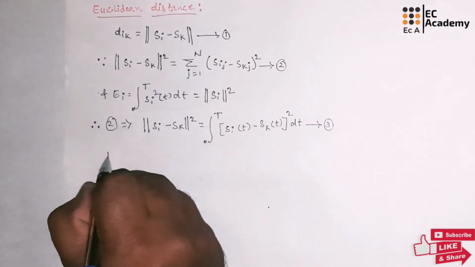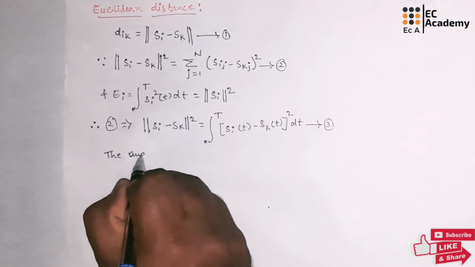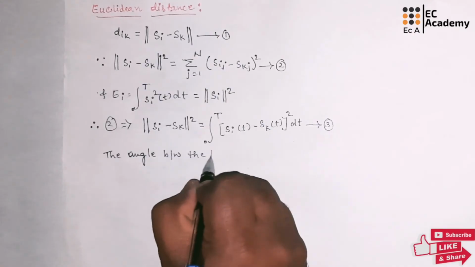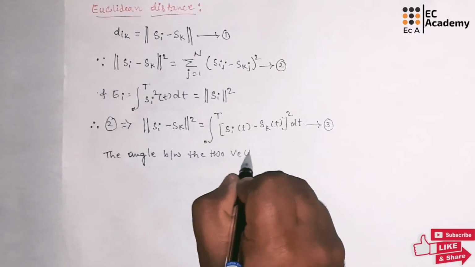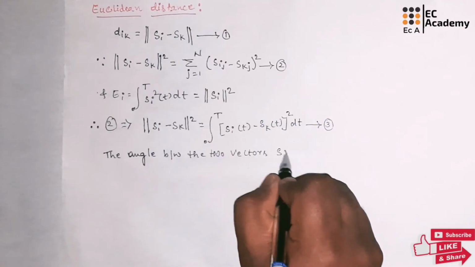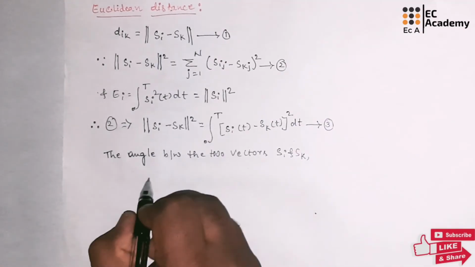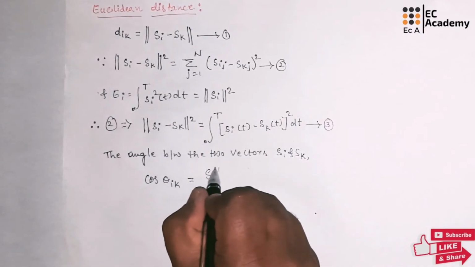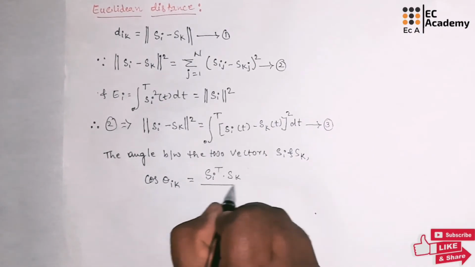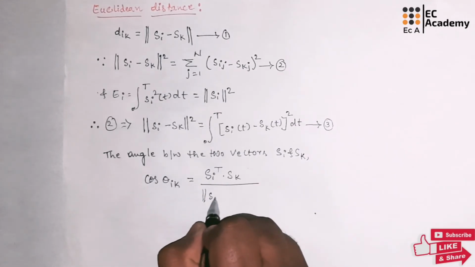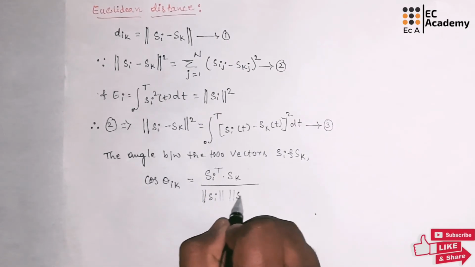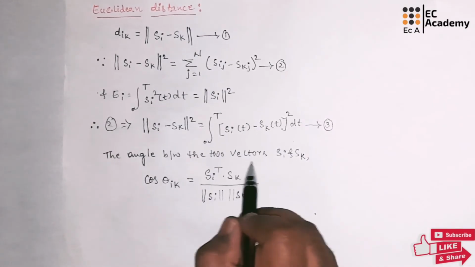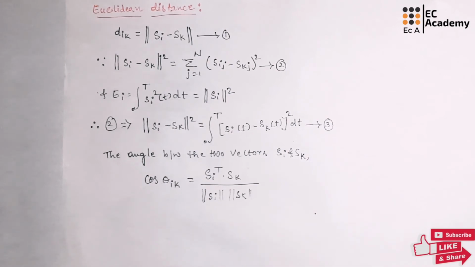So this is the expression for Euclidean distance. The angle between the two vectors Si and Sk can be given as cos theta ik is equal to Si to the power of t into Sk, divided by norm of Si into norm of Sk. Here theta is the angle between two vectors Si and Sk.